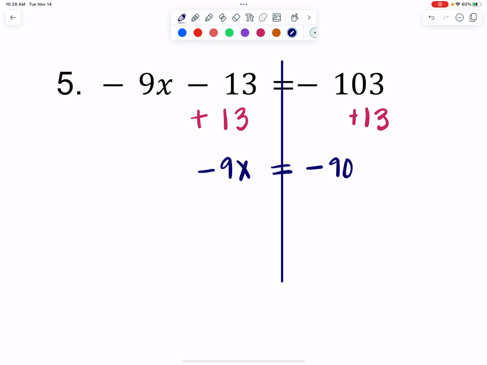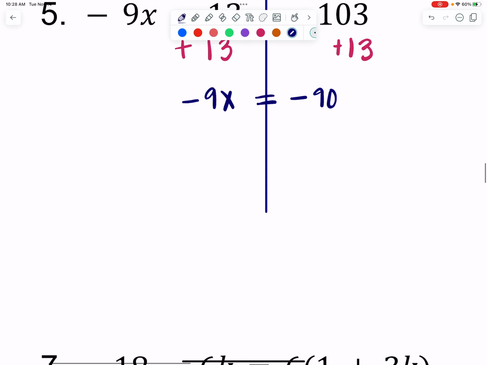That's handy. This is 9 times x. So we want to do the opposite. That means we're going to divide by negative 9. So x will be positive 10.